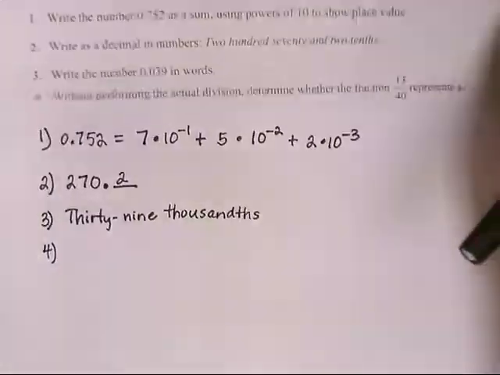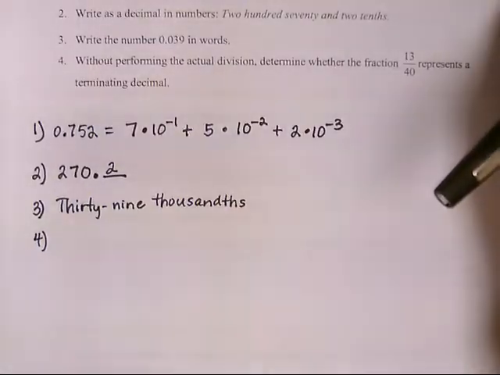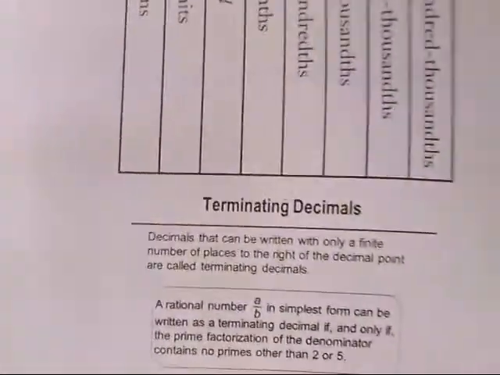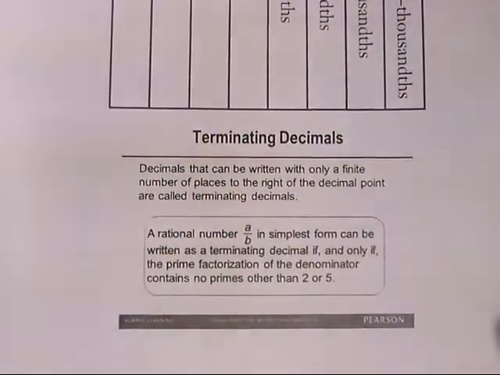Alright, number 4. Without performing the actual division, determine whether the fraction 13/40 represents a terminating decimal. Alright, in this case here, there is a rule where we determine whether or not we have a terminating decimal, and that's this.